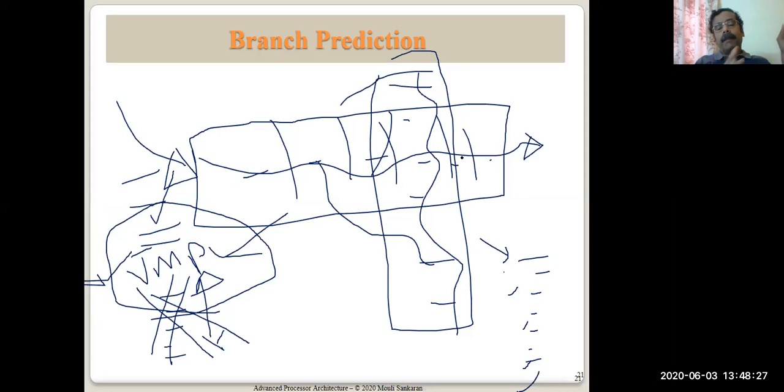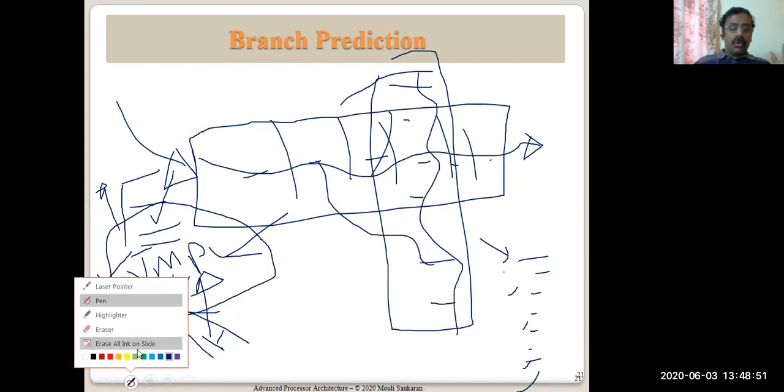That means whatever was in the pipeline needs to be completed properly, so that I complete all the instructions in different stages of execution and write back the results into the register set, and then jump. That is what will normally be happening.